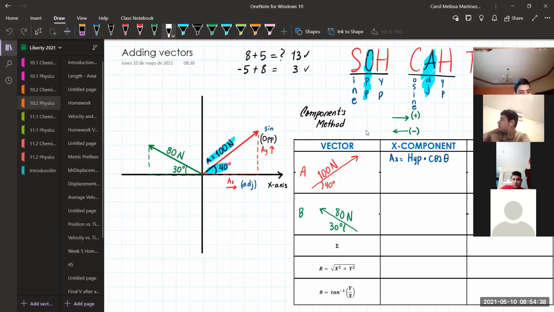So we replace hypotenuse by the value, 100 Newton. So we say AX is 100 Newton times cosine of 40 degrees. How much is this? In your calculator, you're going to do the following. Give me a second.